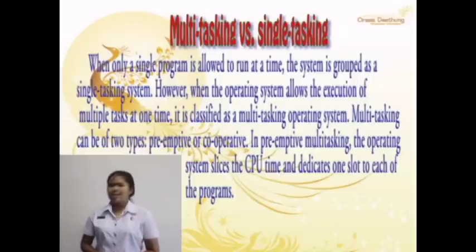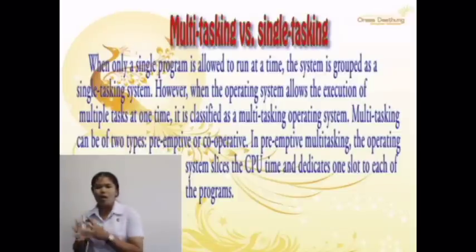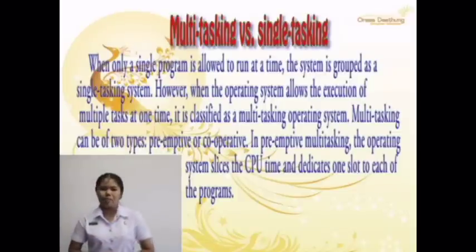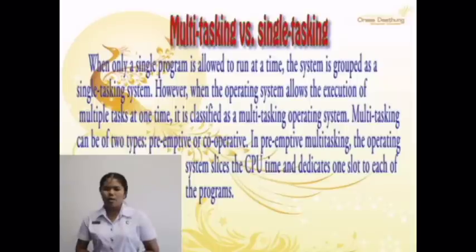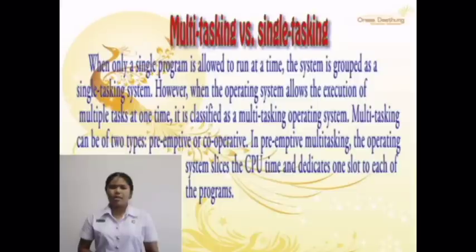Multitasking versus single tasking. Whereas only a single program is allowed to run at a time, the system is classified as a single tasking system. However, when the operating system allows the execution of multiple tasks at one time, it is classified as a multitasking operating system.